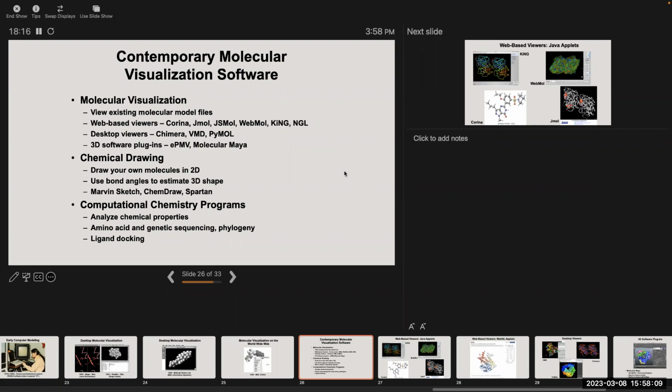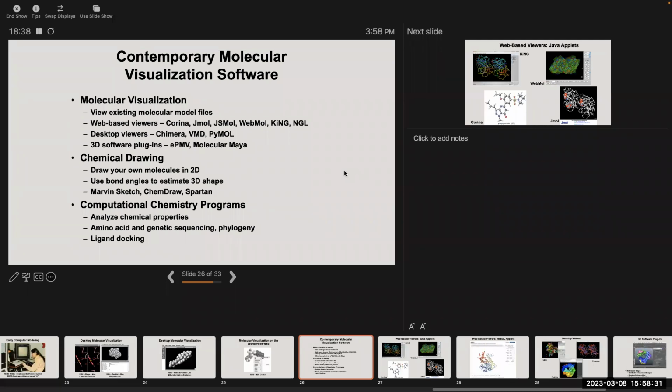But these are more contemporary web-based viewers that utilize things like JavaScript or OpenGL, which is like the rendering language built into a lot of computers these days. I won't bother you with the names, you can read them there.